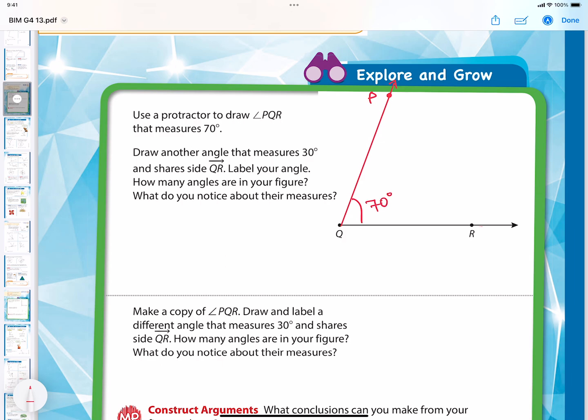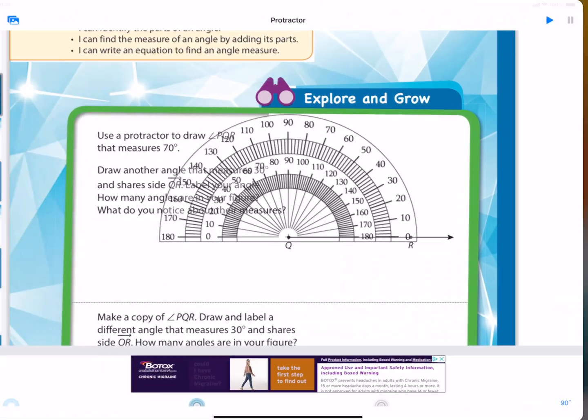Draw another angle that measures 30 degrees and shares side QR. Ray QR. Label your angle. How many angles are in your figure? What do you notice about their measures? So now I'm going to use ray QR, and I need to measure 30 degrees.